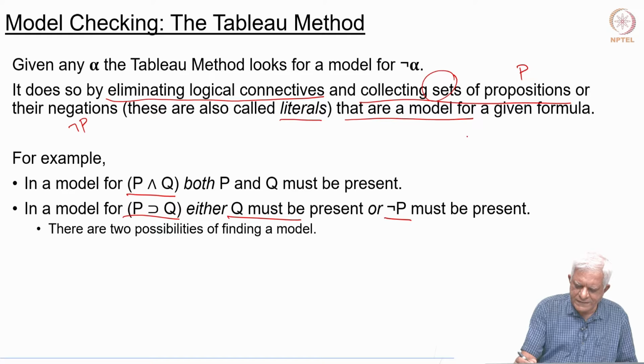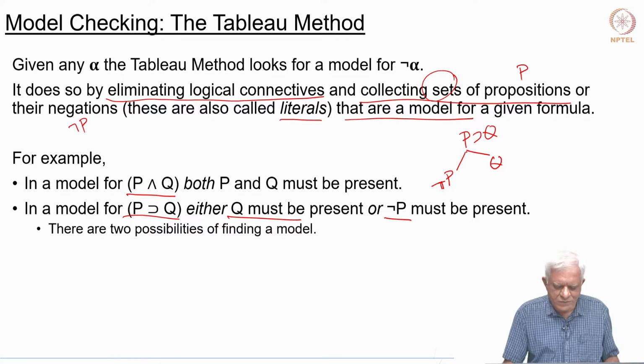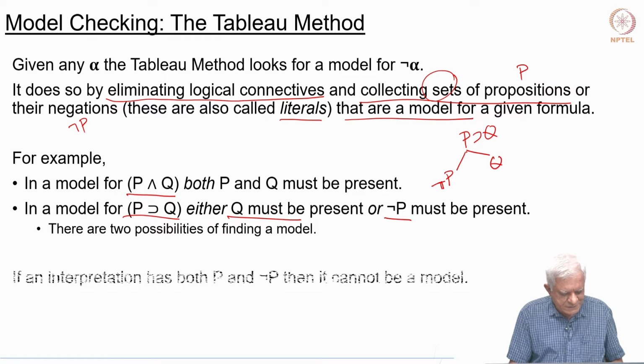So, we would write this as, if you have P implies Q, then either in the model not P must be there, or in the model Q must be there. So, we can go down either path, and this is a kind of tableau that we will create.